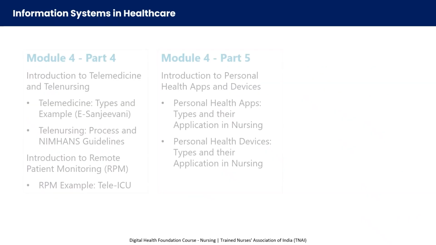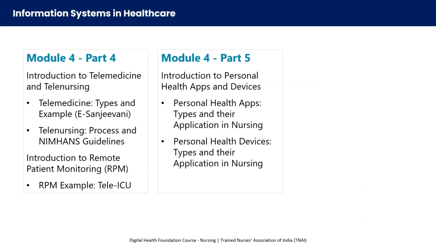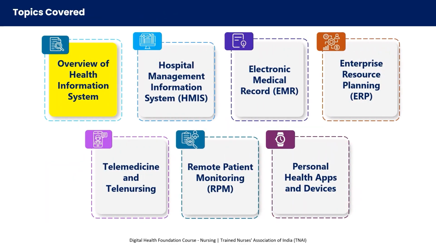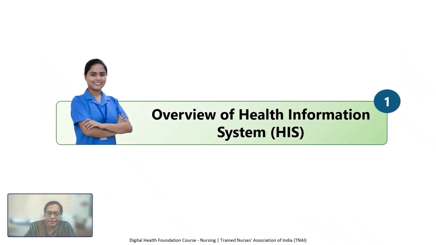In the upcoming parts, that is from part 2 to 5, we will take a closer look at different types of HIS. So today, under the topics covered, we will be looking at the first topic, that is overview of health information system.